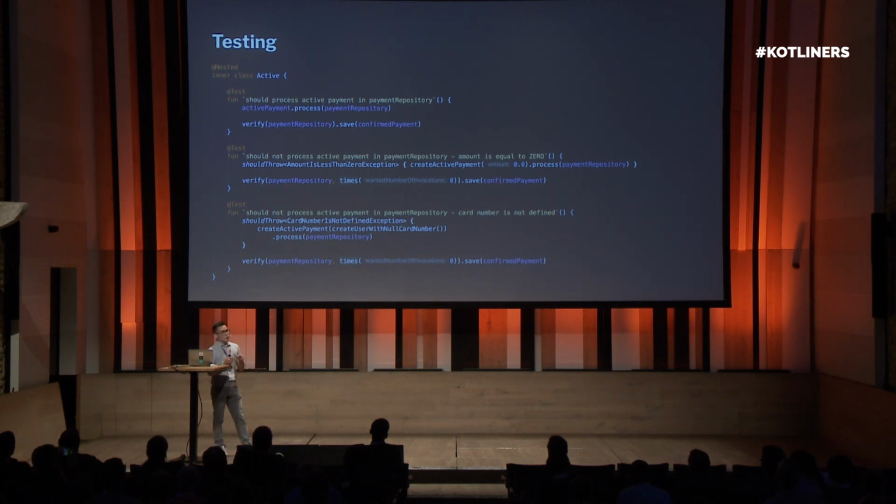From the inner classes you are able to access the private fields of the parent class. So this also becomes straightforward. Our test should process the payment to the payment repository. We also verify that it's fine, but we also have to check what happens if the amount is 0. Then we expect the exception and verify that the save function of the payment repository was never invoked.